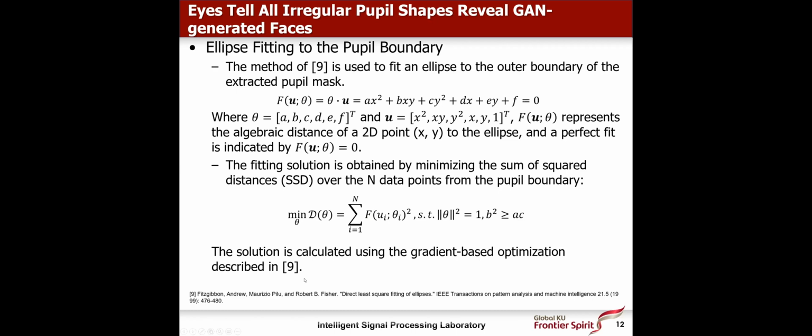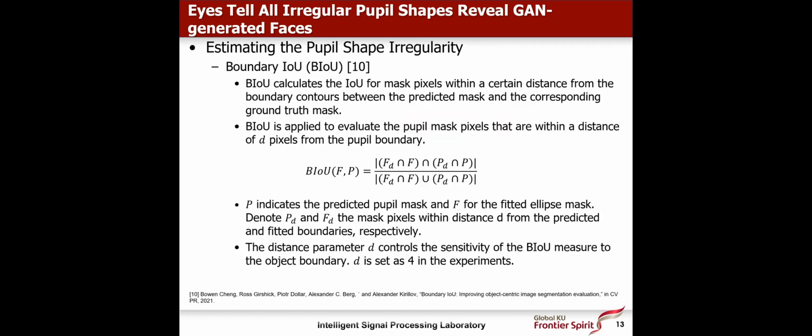After we find the ellipse, we use some kind of measures to evaluate the similarity between this fitted ellipse and the segmentation map. In this paper, it used a relatively new measure, which is called the boundary IOU, in order to evaluate the similarities.